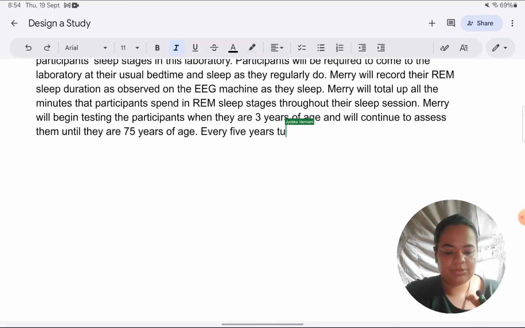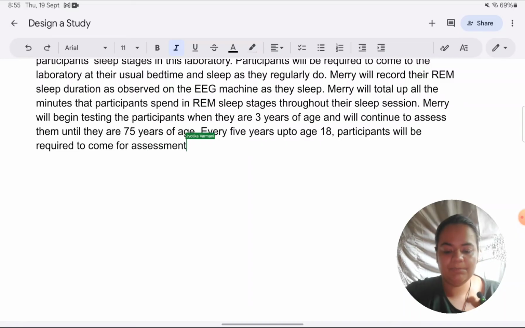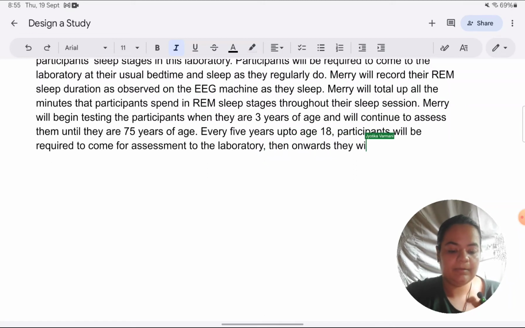up to age 18, participants will be required to come for assessment to the laboratory. Then onwards, they will be tested every 10 years.